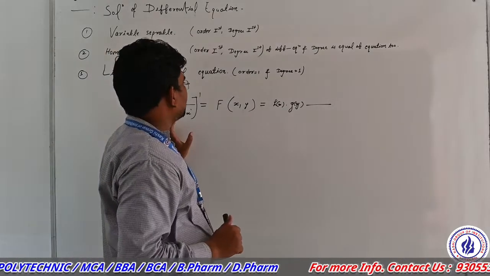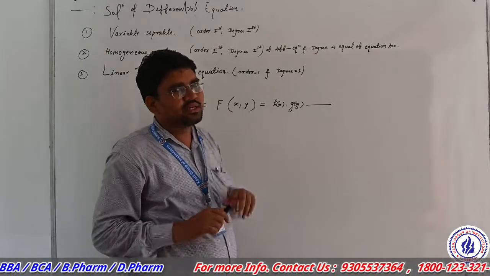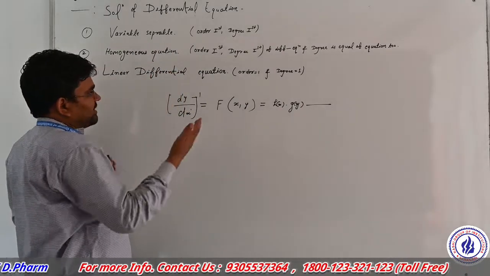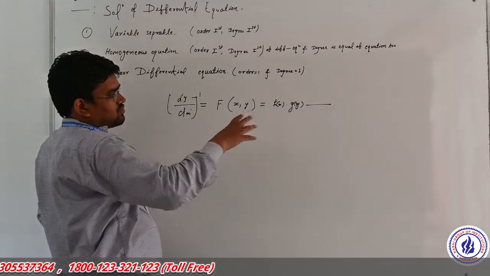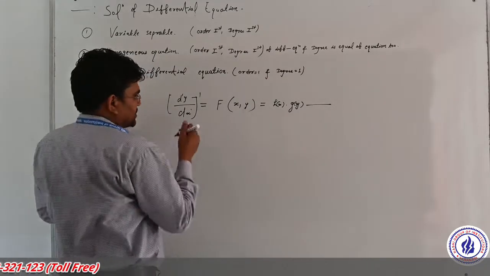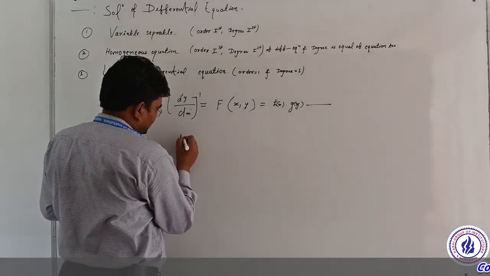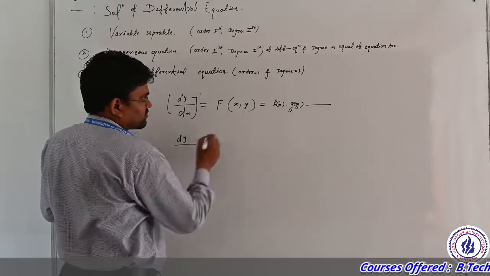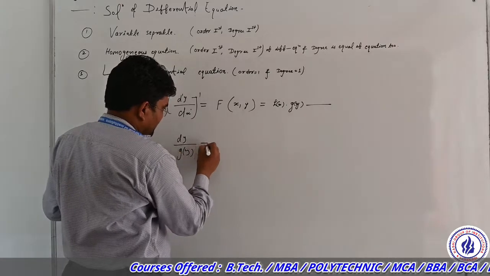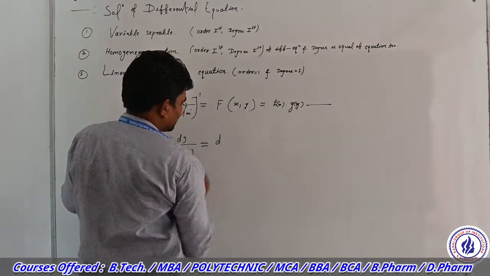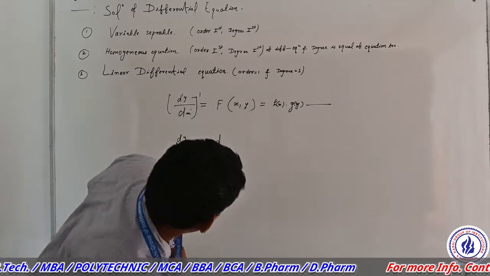Because it can easily be written in dy and dx terms. All the functions of y you take with dy, so here the function of y is g(y), and after that you have dx.